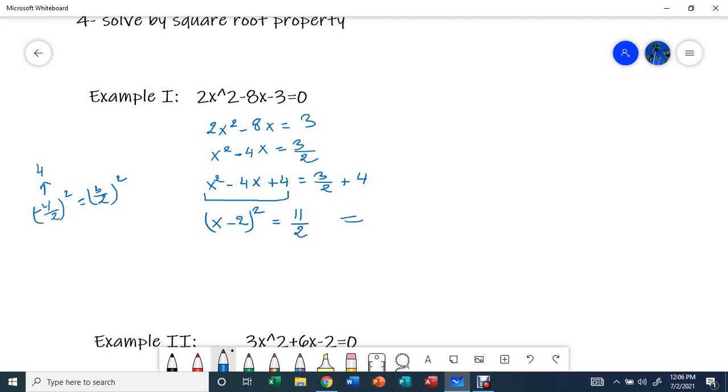Now using the square root property, you get x minus 2 equals plus or minus the square root of 11/2. Then you add 2 to both sides and you're done. x equals 2 plus or minus the square root of 11/2. And that's your solution to the equation above.